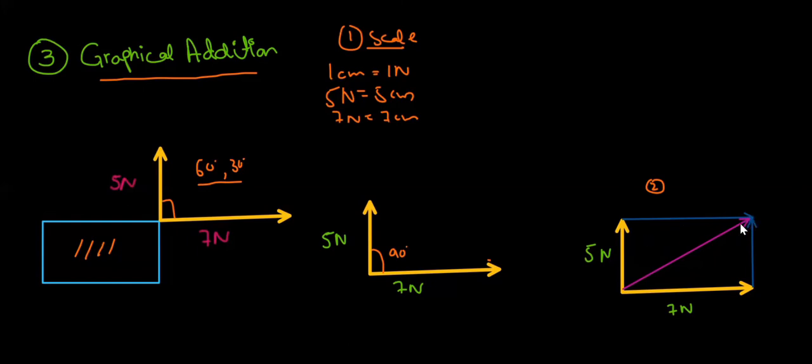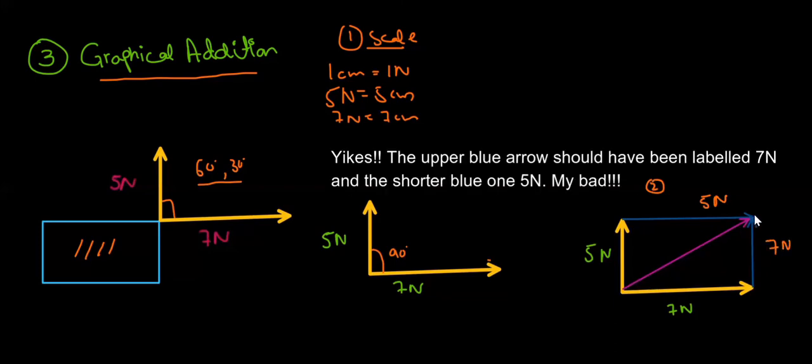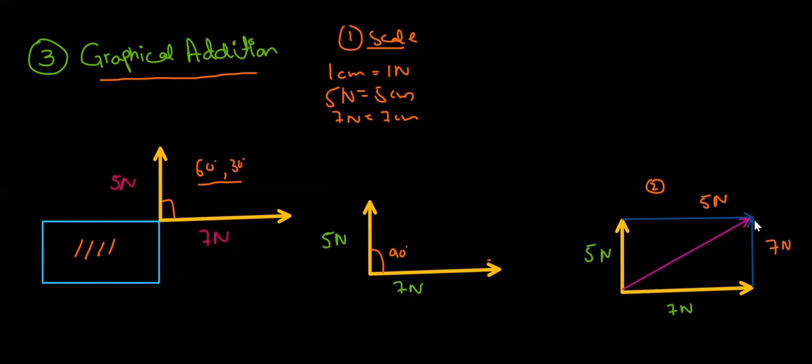They should be the same length, they should be parallel, and they should have the same angle between them as this one did. Please make sure that you label them. Labeling is very important, and you might get your marks cut if you don't. Then you'll draw the purple arrow. The purple arrow is essentially the net force.